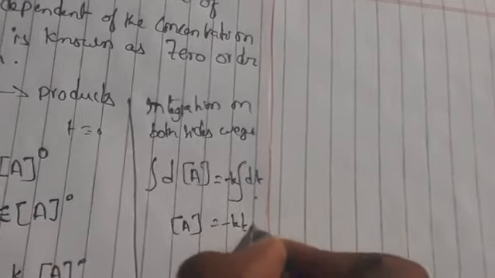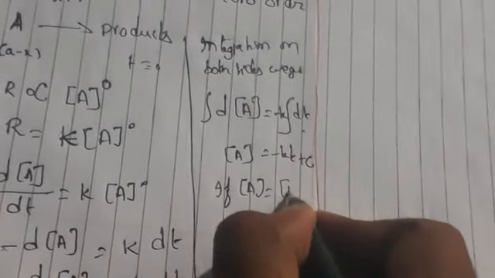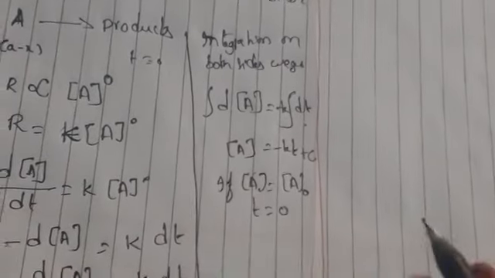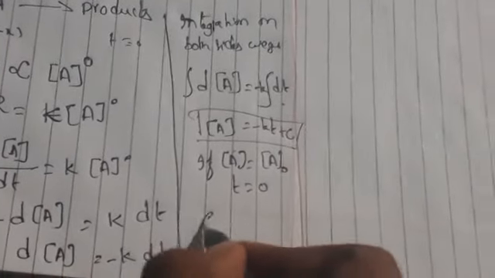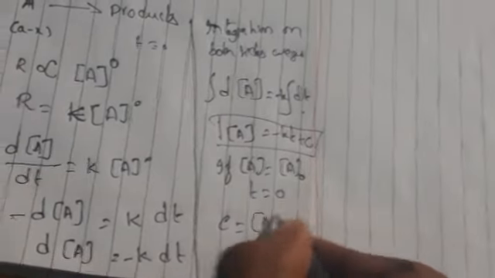So [A] equals minus Kt plus C. Let us assume that the concentration of A is A naught at t equals 0. Then what will this equation become? C equals [A] naught.